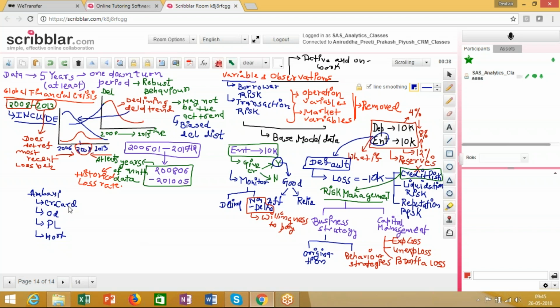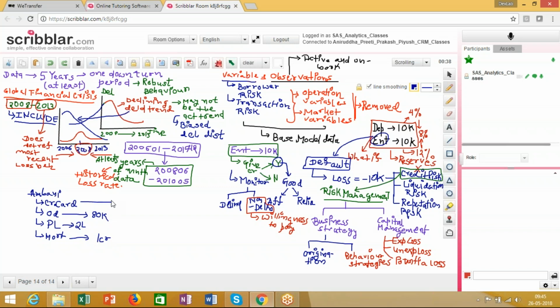Right? Now, the personal loan that Mr. Ambani has taken is say 2 lakhs. And the overdraft amount that he has is 80,000. And he has a mortgage of 1 crore which he is paying every month.